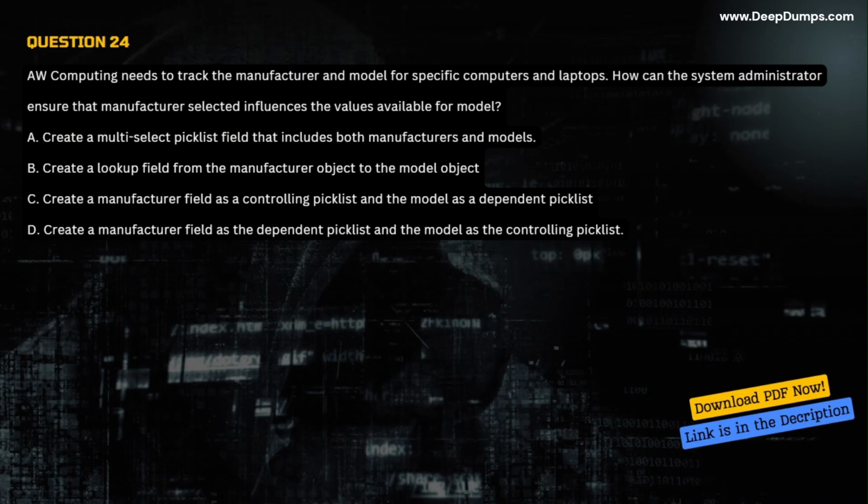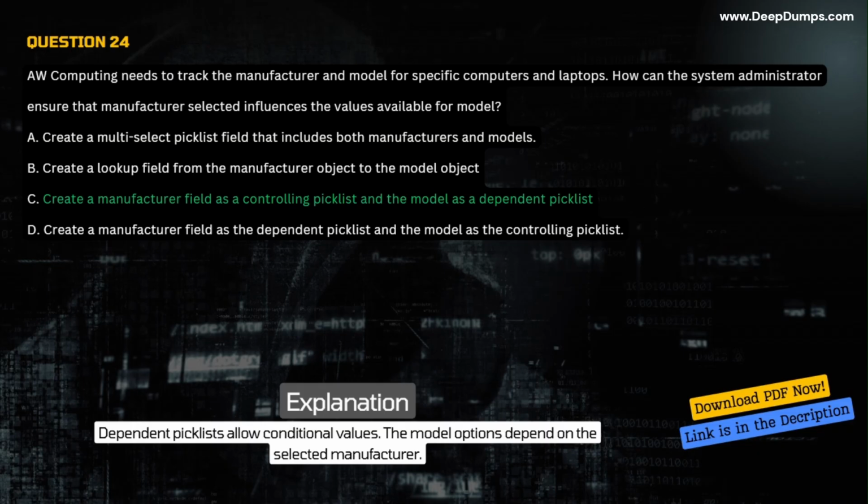C. Create a manufacturer field as a controlling picklist and the model as a dependent picklist. D. Create a manufacturer field as the dependent picklist and the model as the controlling picklist. Correct answer, C. Explanation. Dependent picklists allow conditional values. The model options depend on the selected manufacturer.